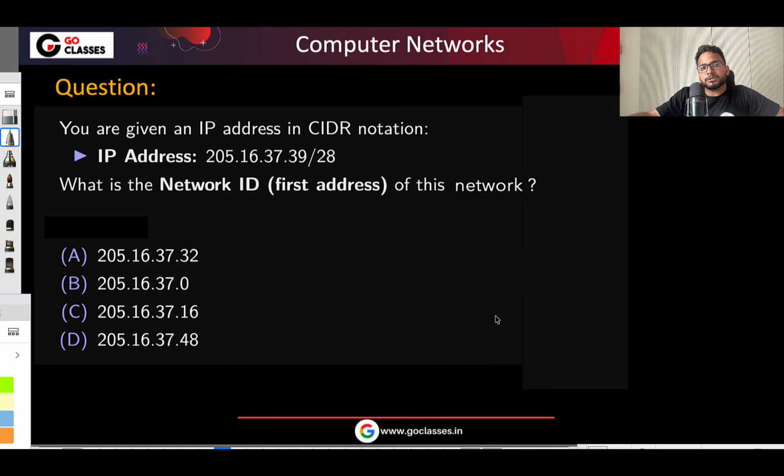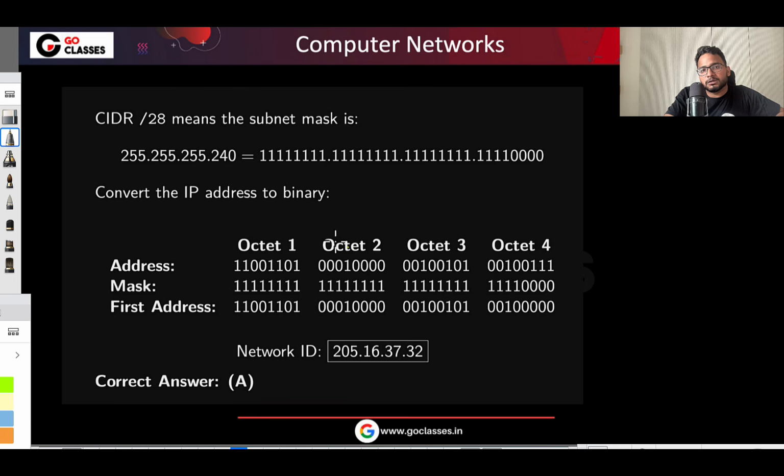Now let's solve this question. In this question, they are saying slash 28, and asking for the first address. That's also very easy. 205.16.37, these are the 24 bits, and then you have to take 4 more bits. You can represent this in binary and solve this question. As a human we know how to solve it, but a router or a computer can also solve it.